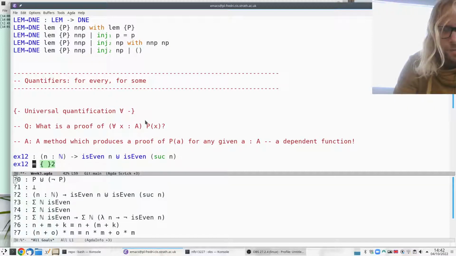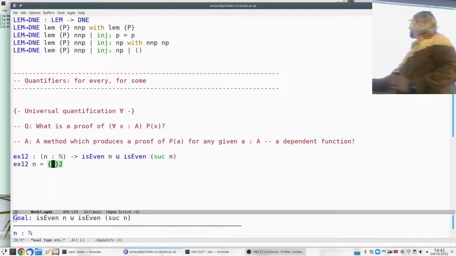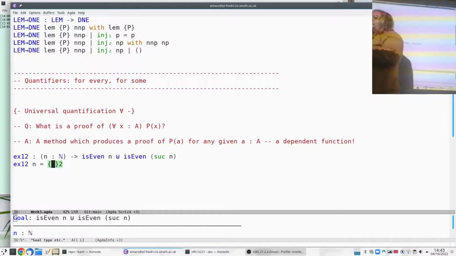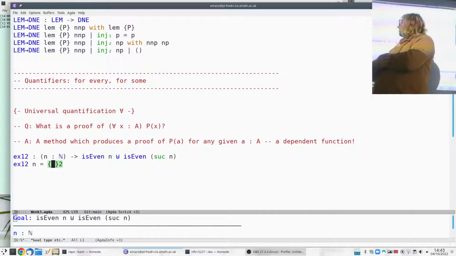Okay, so how do we prove this? Well, we write a function of this type. How do we write a function of this type? We take a natural number. Now here, we have to produce something of this type. It's good to notice that we're not just promising that every natural number is either even or odd, we're promising to tell you which, by going left or going right, and then handing you the actual evidence.